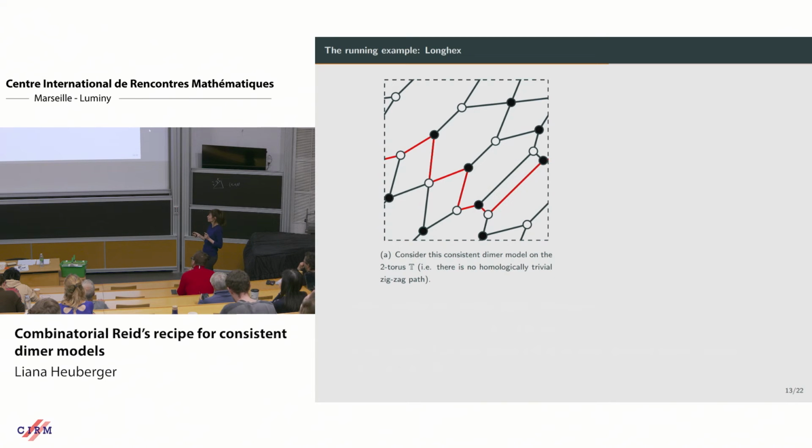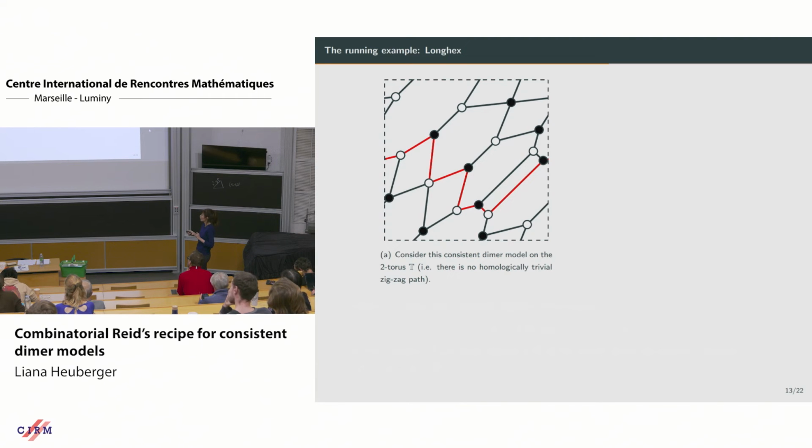Then there's a consistency condition, which you can ignore for the purpose of this talk. It's simply that you can't have zigzag paths that are homologically trivial. A zigzag path means you turn maximally right when you hit a white node and maximally left when you hit a black one.